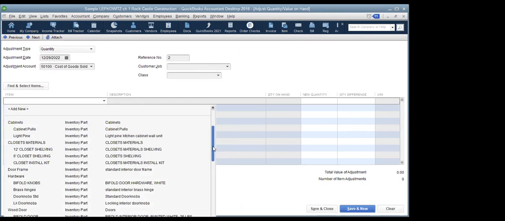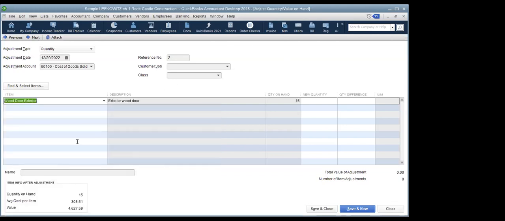my doors. Okay, so I went to the doors, exterior door. Exterior door, the value is here. Average cost, 308.51. Quantity on hand is 15, but I really counted, new quantity is 13. Why?